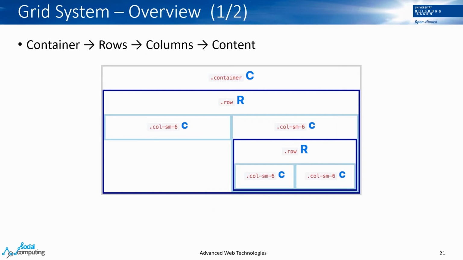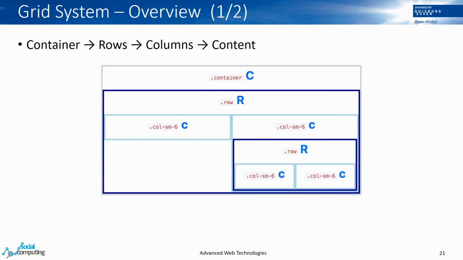The hierarchy is something like this. You have containers, then you have rows, and then in rows you can have columns. If you want nested content, then you can add rows within columns, and then you can add multiple columns within this.